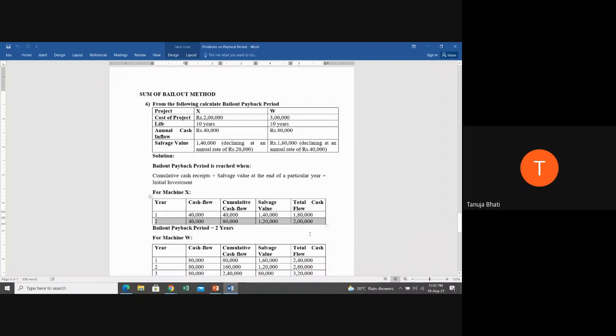Suppose within these years only you get the bailout period, do not unnecessarily solve for the succeeding years, because your main motive is just to find out the bailout payback period. Is this clear, students? And always you're going to solve it horizontally, not vertically.